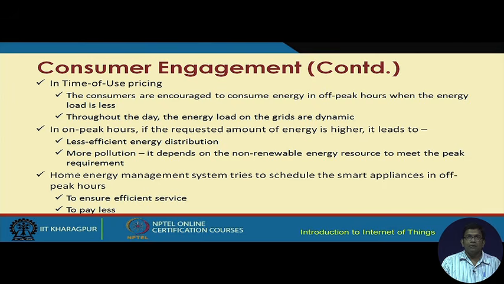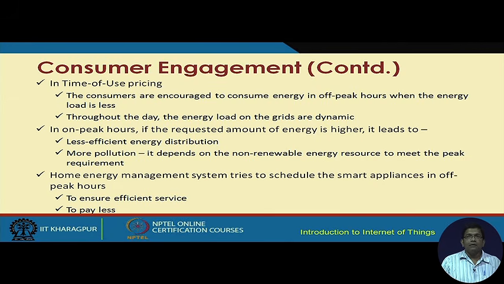If they are enjoying the power during the off-peak hours, they are paying lower rates for electricity, and it also benefits the overall grid and other stakeholders like the service provider, because that way they can manage the overall load in the city, or wherever the electricity is being provided, better.